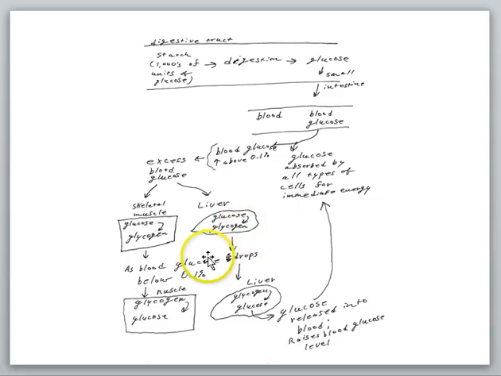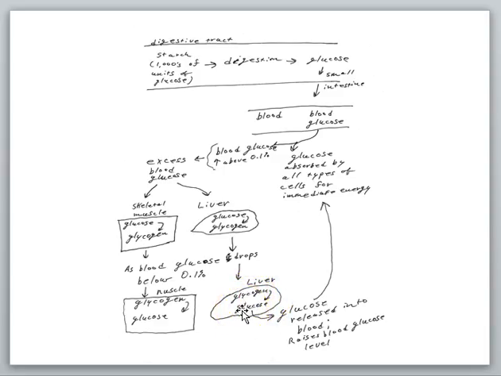Now then, in both these cases, as blood glucose drops down below 1/10%, we're going to convert the glycogen back to glucose. Now here in the muscle, the glucose is probably going to be used right there in the muscle itself. But in the liver, we're going to release this glucose from the hydrolysis of glycogen.